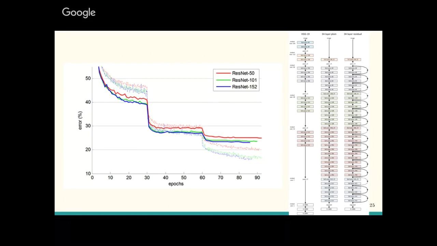Are these the older architectures? Yeah, I think these are older architectures. They are performing worse when the epoch is less than 30, and they are performing better when epoch is greater than 60.